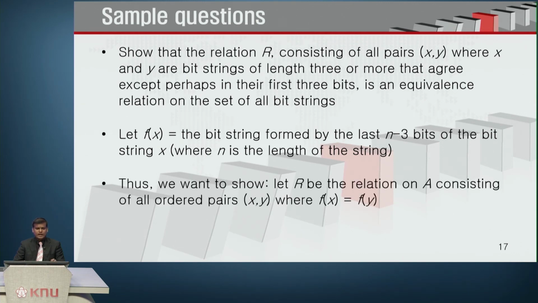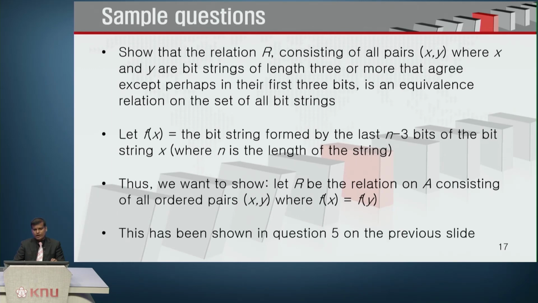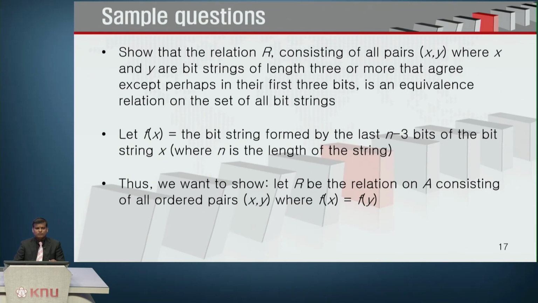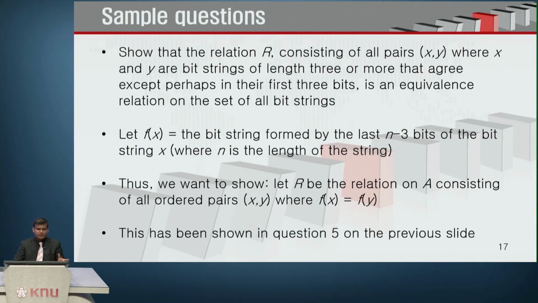So we have to show that R is the relation on A consisting of the ordered pairs x, y where f of x equals f of y. We have shown this in the previous slides, so you can have a look at this and try to establish a proof for this question.